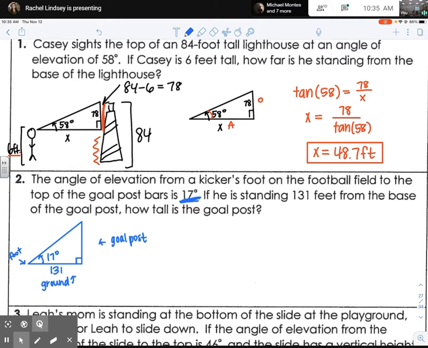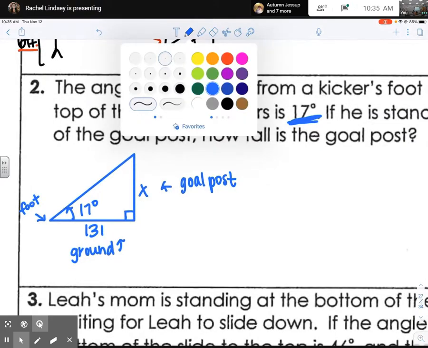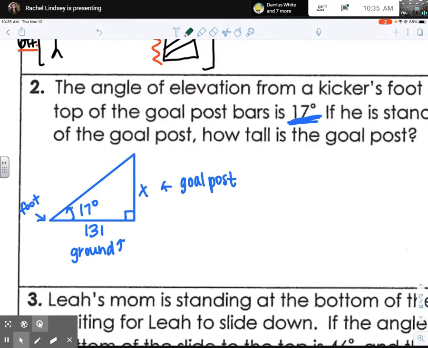And then we want to find how tall the goalpost is. So not the hypotenuse, but the goalpost. So yeah, it will be opposite. So x would be opposite. 131 would be adjacent.